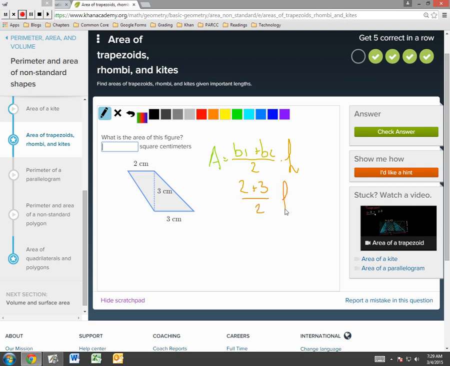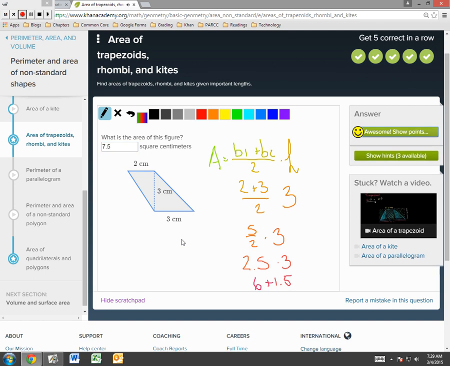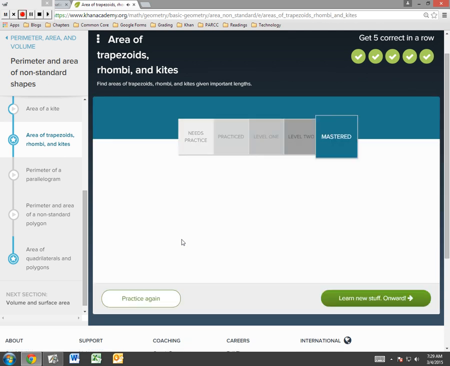Divide that by 2 times the height, which in this case is 3. That gives me 5 halves times 3. 5 halves is the same as 2.5. 2.5 times 3: 3 times 1/2 is 1.5, plus 3 times 2 is 6. So 6 plus 1.5 gives me 7.5. And I am good to go.